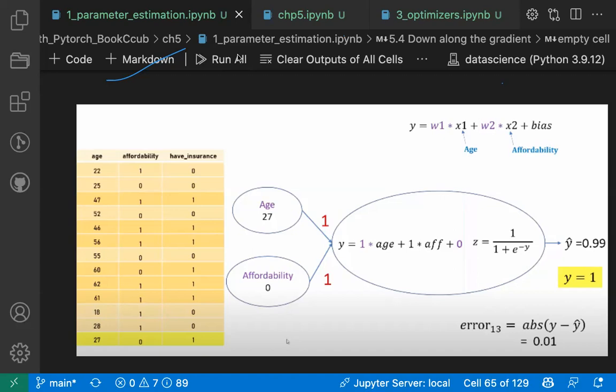Your predicted output is always between 0 and 1. So if the actual output is 1 and your predicted value is between 0 and 1, you are definitely going to get less than 1.